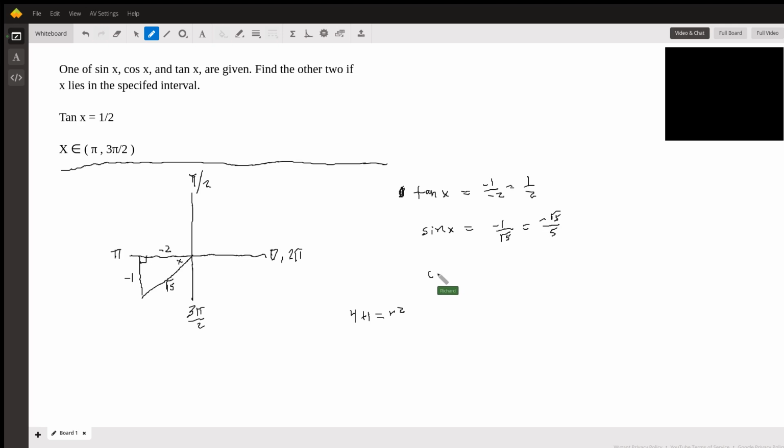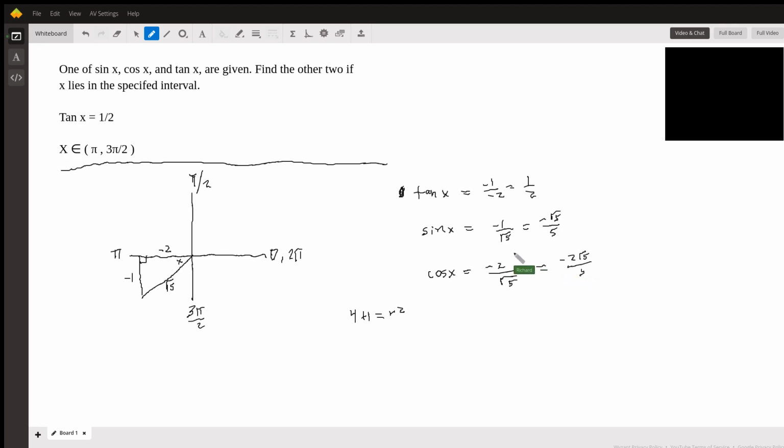And then the cosine of x is adjacent over hypotenuse, so it's going to be -2 over root 5. So it's -2 root 5 over 5.